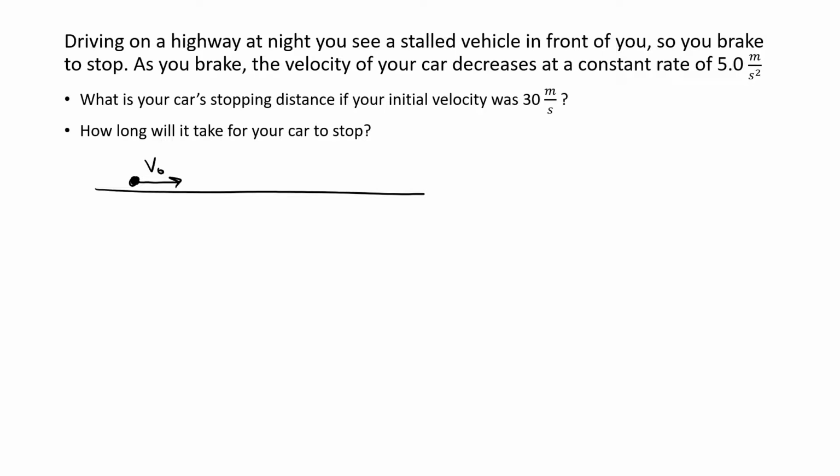This is where the word problems of physics sort of seep into your understanding. You need to see what the problem's asking. So we want to come all the way to a stop. What's our final velocity? 0. So let me put the values in.